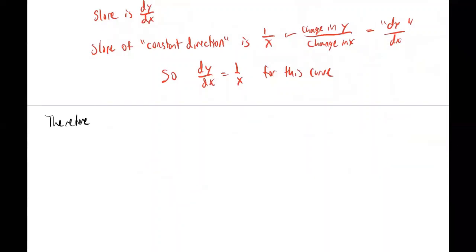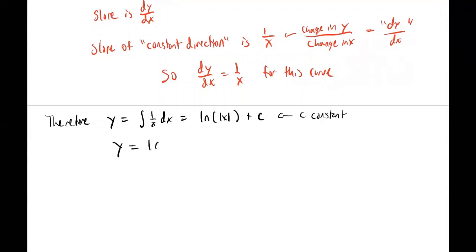If I take antiderivatives of both sides, y has to equal the antiderivative of 1 over x, which is the natural log of the absolute value of x plus some constant c. So y equals natural log of x plus c, or y minus the natural log of x is equal to c.